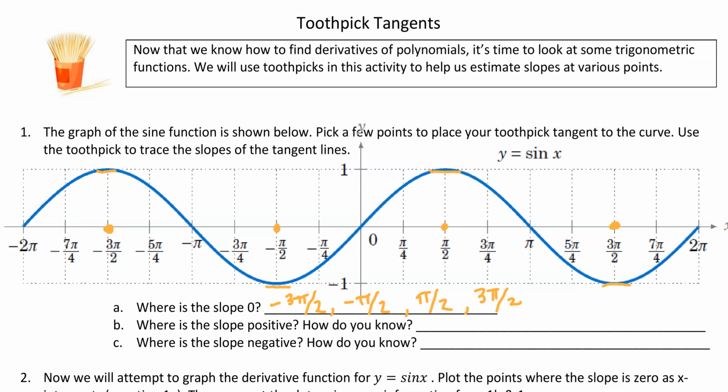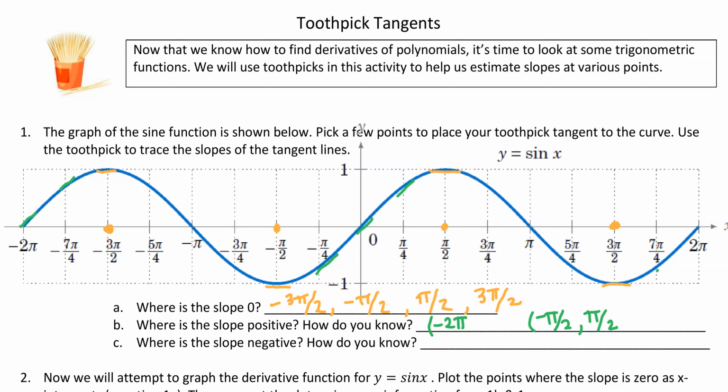Okay, so at negative pi over 2, I'm sorry, I said negative pi over 2 and I started over there at negative 2 pi. So negative pi over 2 to where? To pi over 2, yeah. Okay. So negative pi over 2 to a positive pi over 2.